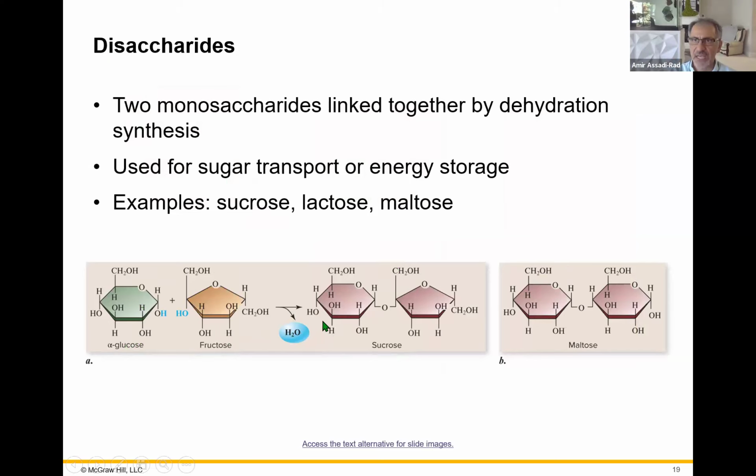right? This is a disaccharide. Sucrose is a disaccharide. Look, they're bound together right here, the oxygen between a fructose and a glucose. Maltose, O-S-E at the end of the word, glucose and glucose. And then we have lactose, the one in milk.